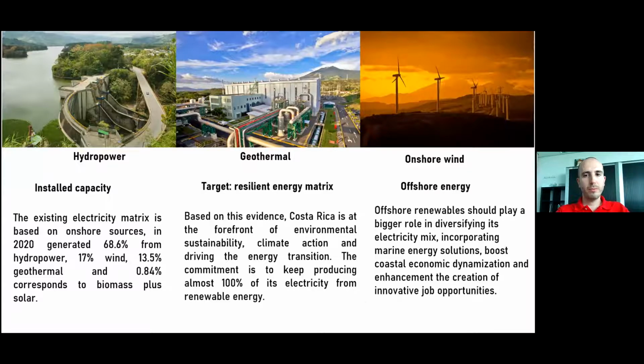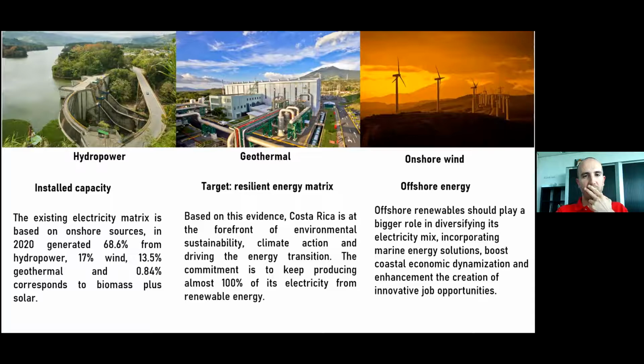We also include wind, geothermal, and a minor participation of biomass and solar.